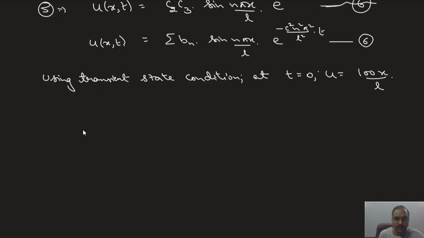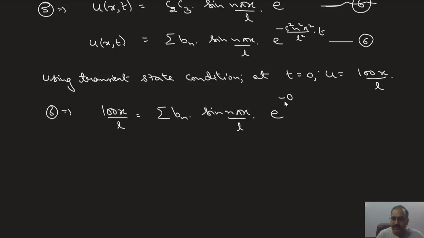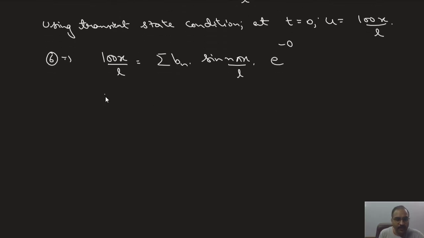So substituting in equation number 6, 100x by L is equal to summation of Bn into sine of n pi x by L into e raised to power minus of something times 0, that will be 1. So what we received over here is 100x by L equals summation of Bn into sine of n pi x by L.